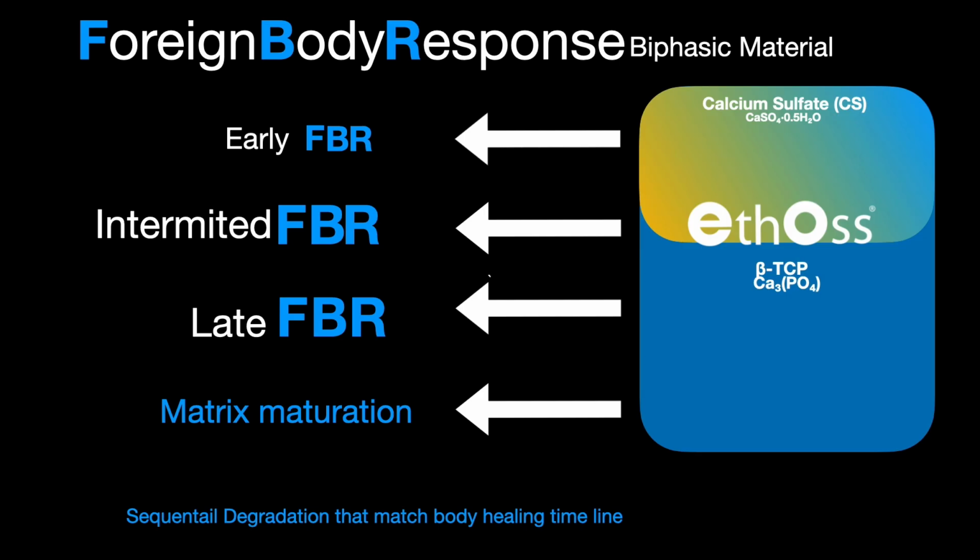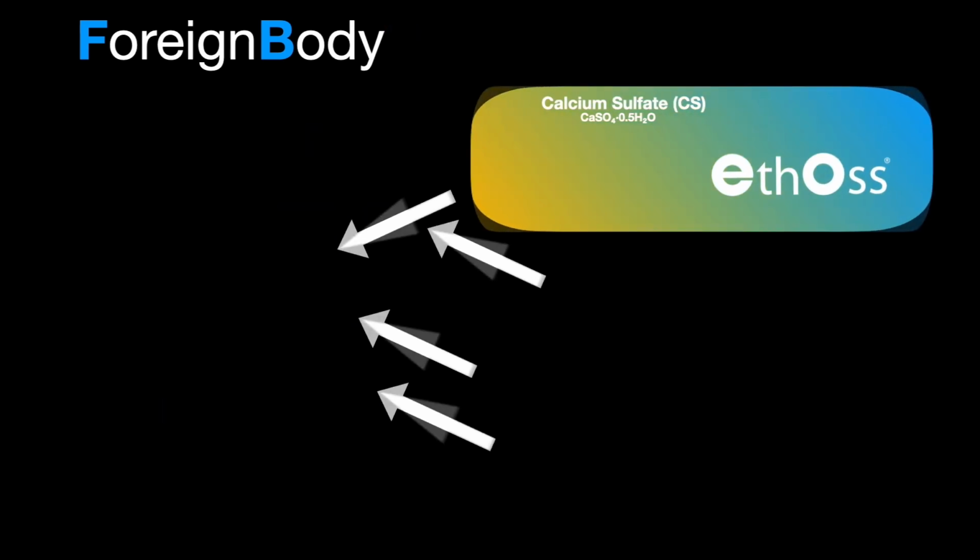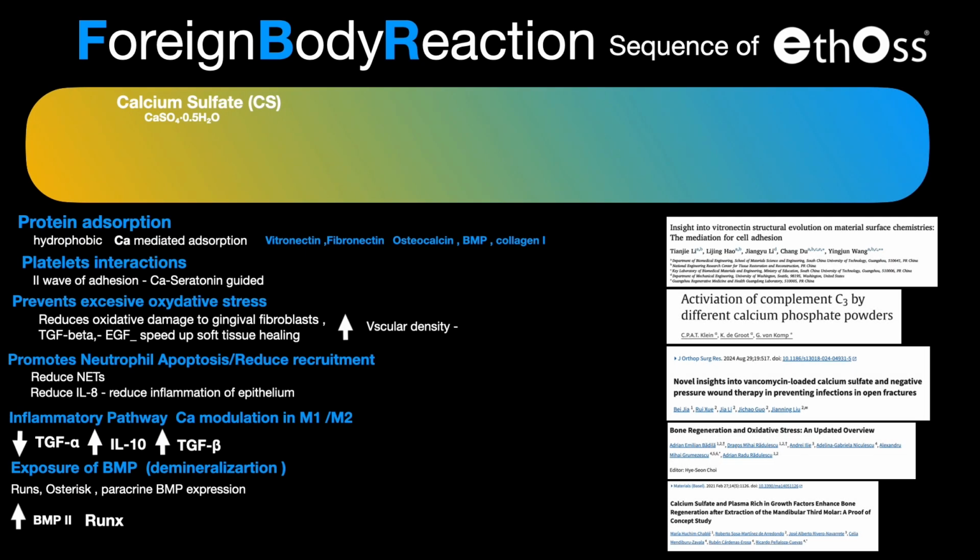So you can see that calcium sulfate works through early to intermediate FBR, and beta TCP works from intermediate toward matrix maturation. So how does it work?